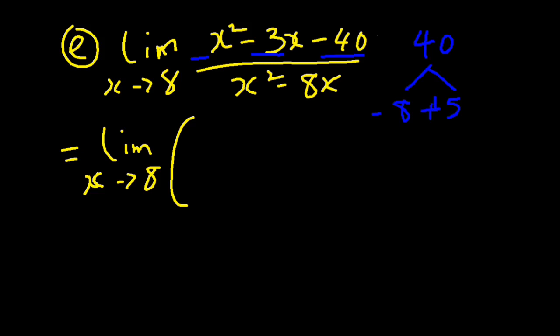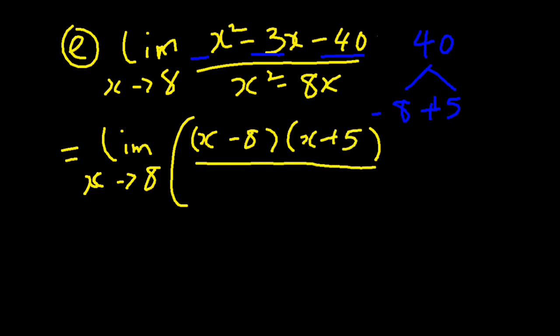Now let's substitute. So open two brackets. So x here and the other x in the other side. Minus 8 plus 5 over, this also we can factorize x out of the denominator. So we have x into x minus 8.